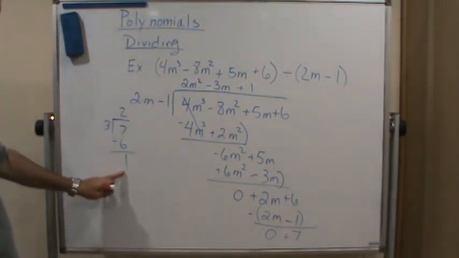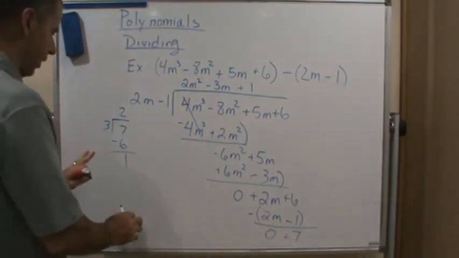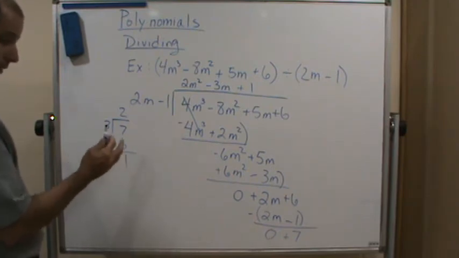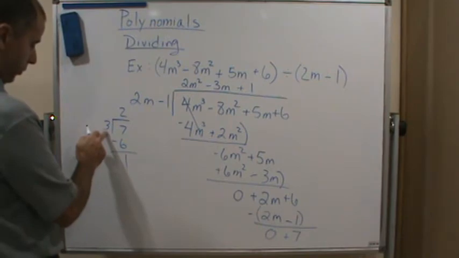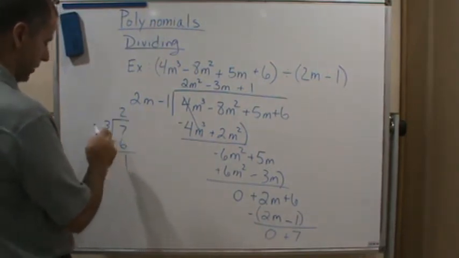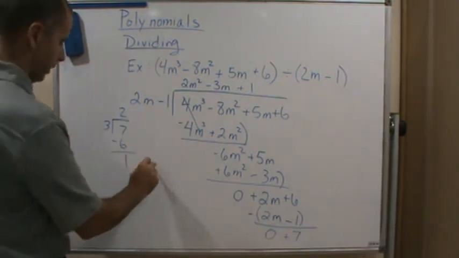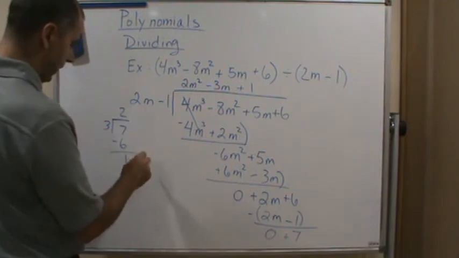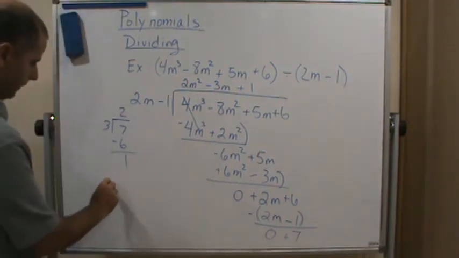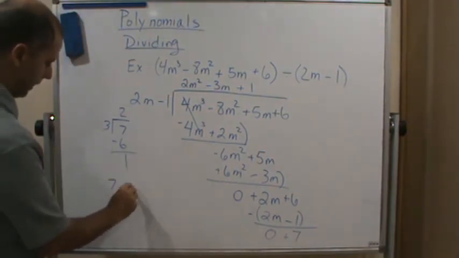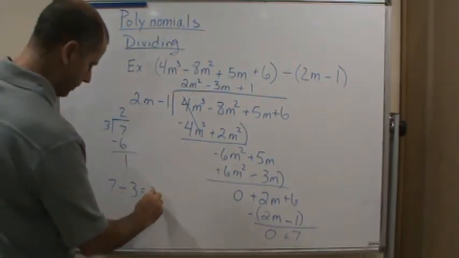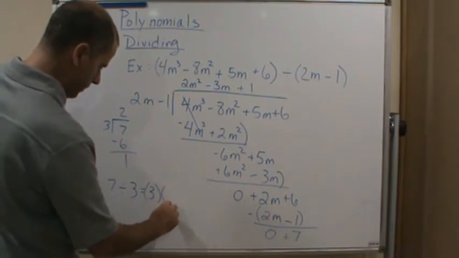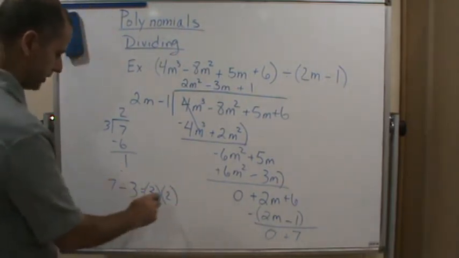I get a remainder of 1, and how do I write this? Well, I go backward. So what do I need to do? 3 times 2. So basically, 7 divided by 3 equals what? 3 times 2 plus the remainder 1.